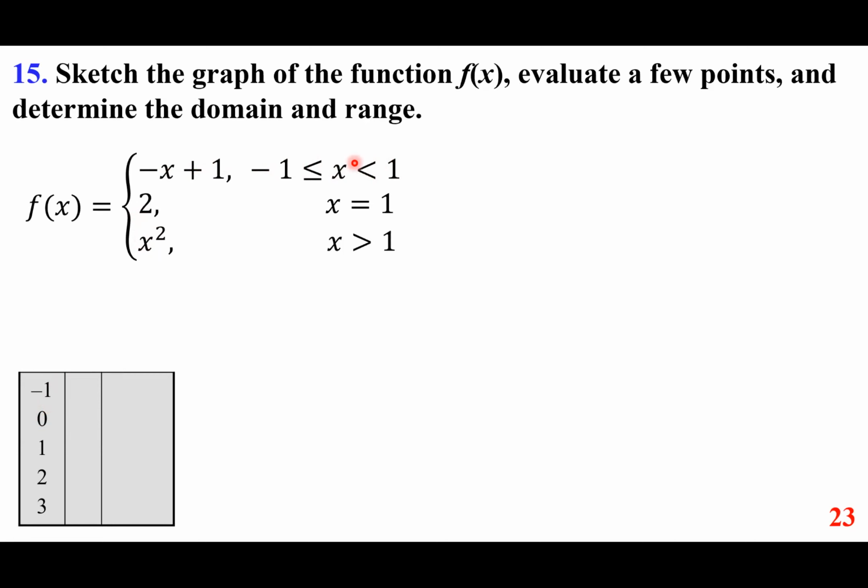At x equals 1, it's been given to be 2. At x equals 2, when x is larger than 1, then I got to use this portion. So 2 makes it 2 squared, 4. 3 makes it 3 squared, 9.